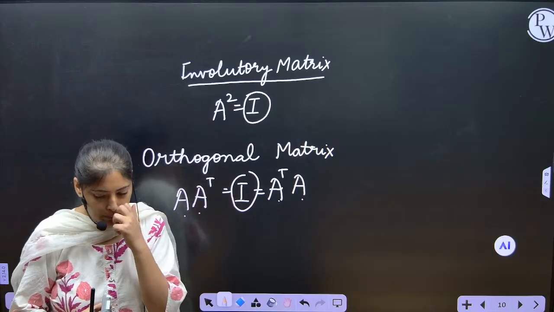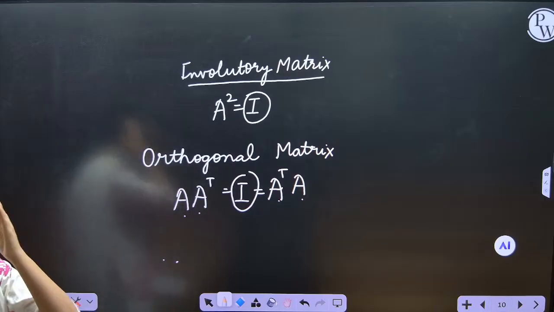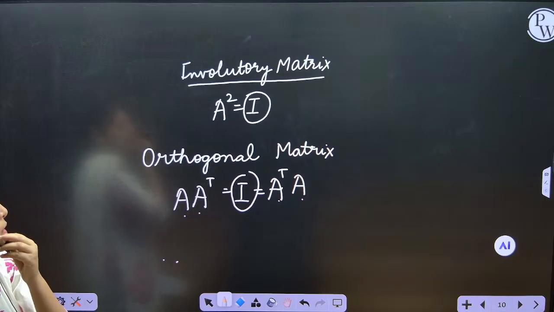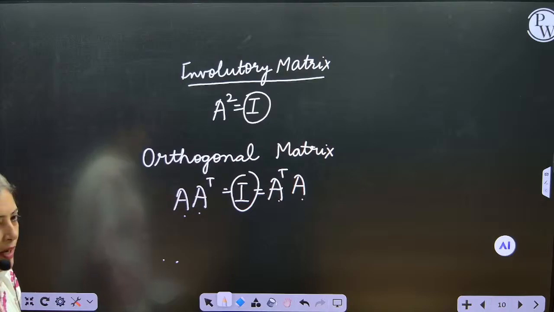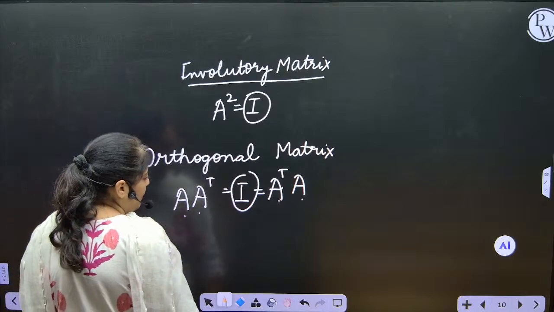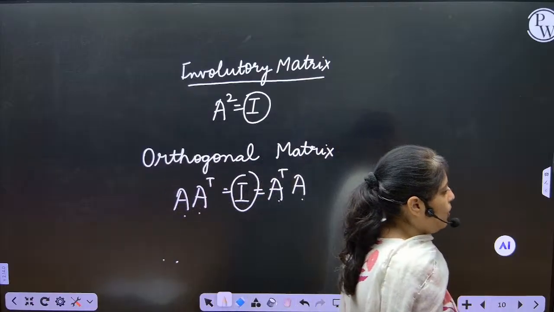Whenever you are attending the class, just open the material side by side. One question I am taking now, and then you have to see which kind of matrix it is, and I'll tell you how. One question I'm taking now on the basis of this.